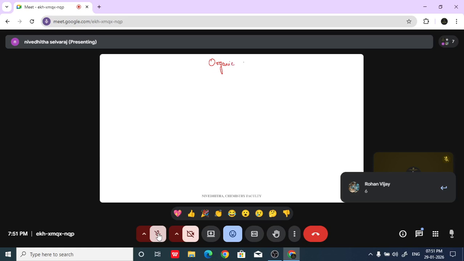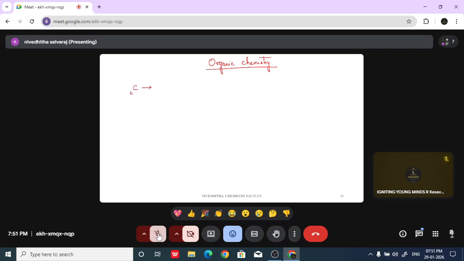Now we're going to start with organic chemistry. Organic chemistry is nothing but we'll only be studying carbon and carbon containing compounds. So understanding the atom called carbon is very, very important. As far as carbon is concerned, the atomic number is 6.